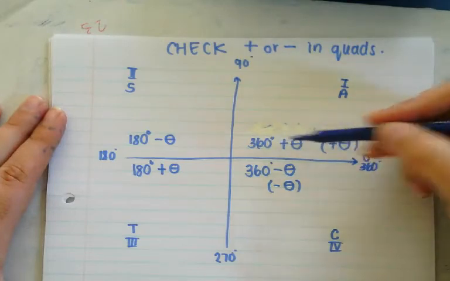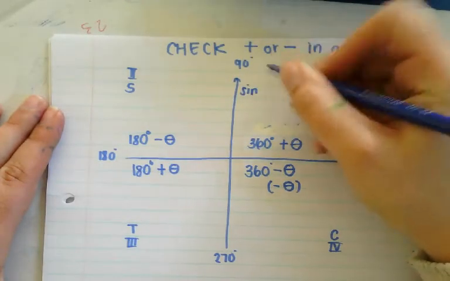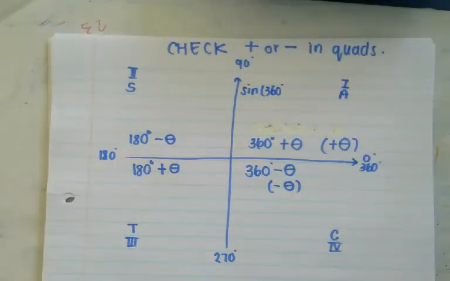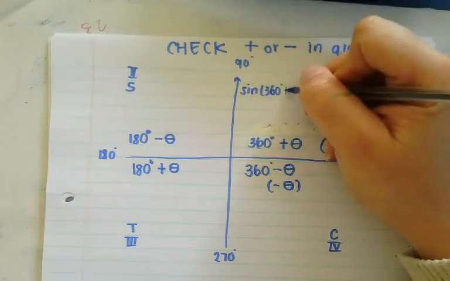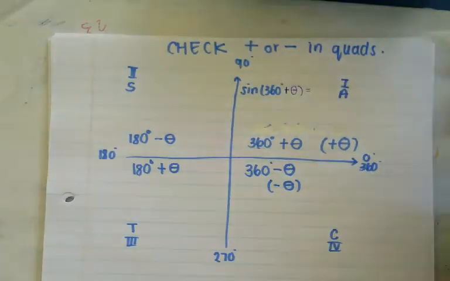360 plus theta. I'm going to write in pen just so it's a little bit thinner. Mostly, yes. 360 plus theta. Sine is positive or negative in this quadrant?